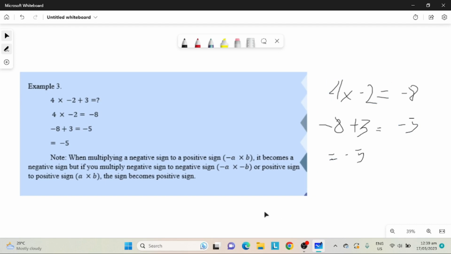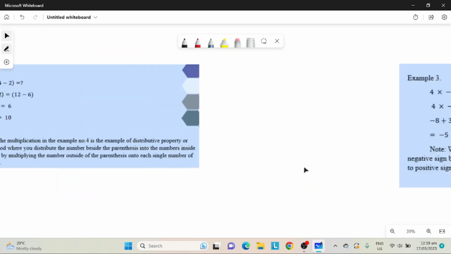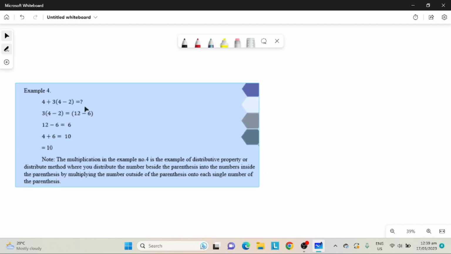That's all. Now, let's move on to example number 4. We have the parentheses. Remember, we have the parentheses, but we can't see the sign beside the number and the parentheses.